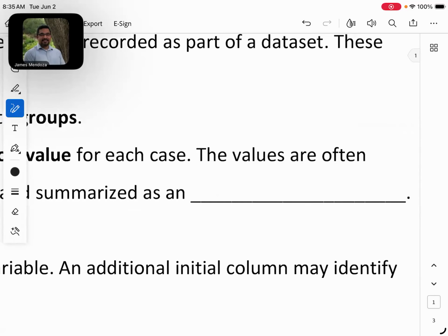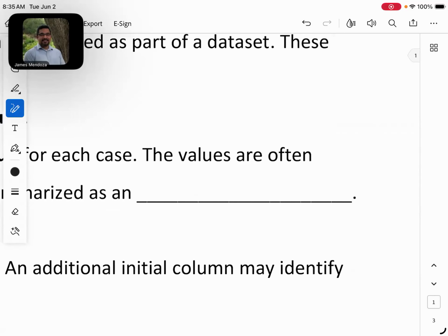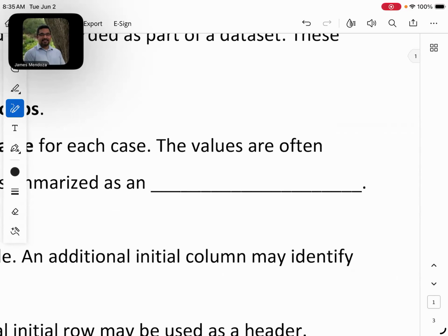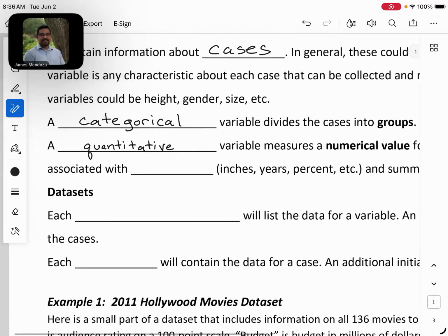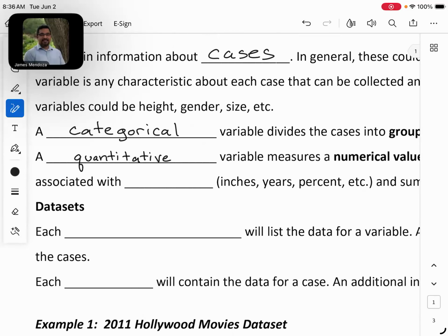Another giveaway that something is quantitative is that you can take all the numbers from every person that you surveyed and calculate the average, like the middle number. And the last thing about quantitative information is that it's going to be associated with some type of units, like inches, years, percent, feet, if you're doing how tall people are.